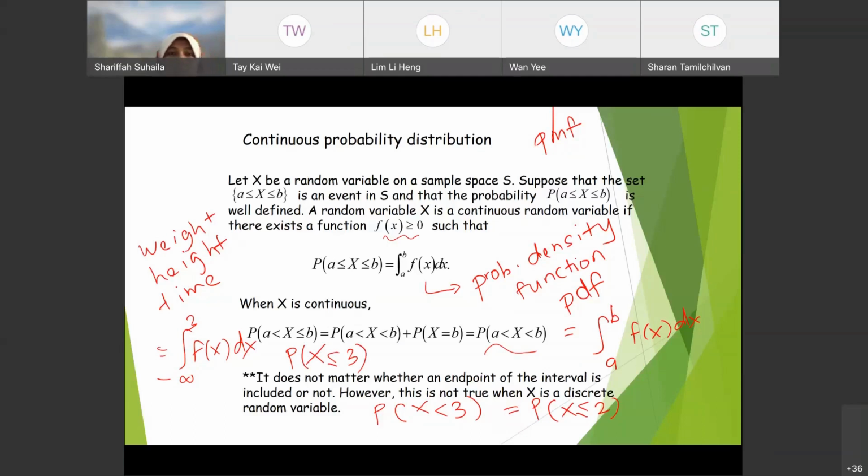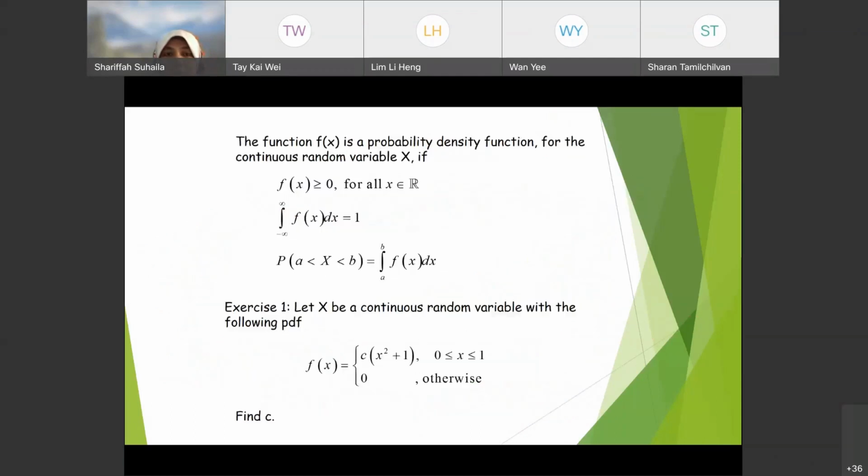For the concept of the PDF, you need to show that f(x) must be greater than or equal to 0. If we have a continuous random variable, your function f(x) is greater than or equal to 0. And then if we integrate, let's say your range is minus infinity less than x less than infinity, so from minus infinity up to infinity, the integral of f(x) dx, the total probability must equal 1.